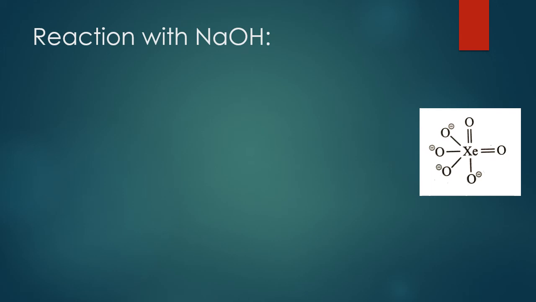Reaction with NaOH. When xenon hexafluoride reacts with 2.5 molar sodium hydroxide, sodium perxenate is obtained. So let's see the reaction. Xenon hexafluoride, the formula is XeF6. When it reacts with 2.5 molar concentration of sodium hydroxide, it gets converted into Na4XeO6. This is called sodium perxenate.